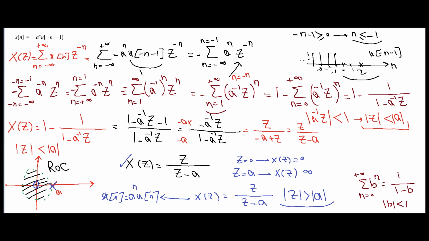For the signal a to the power n multiplied by u[n], the ROC is the magnitude of z greater than the magnitude of a. However, for the signal we solved in this example, the ROC is the magnitude of z less than the magnitude of a. Therefore, in the Z transform, the ROC is just as important as the transform itself. Without the region of convergence, the signal can't be uniquely identified.